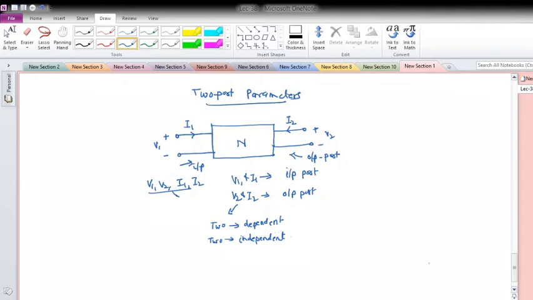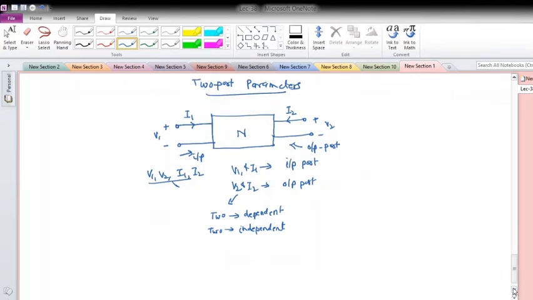So now what will happen, the specification of any two of the variables determines the remaining two variables, right? So if V1 and V2 are specified, then I can obtain I1 and I2.